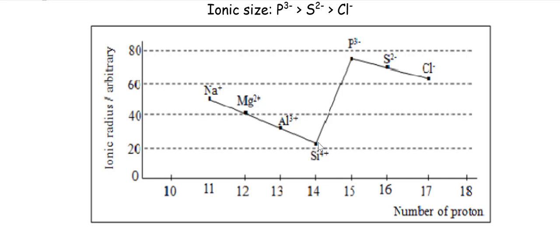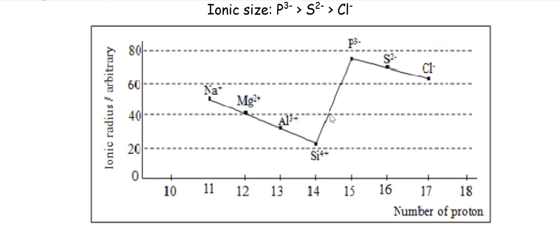But here, the size increases sharply from Si4 plus to P3 minus. This is because for P3 minus, we add 3 electrons into the 3p orbitals. That makes the principal quantum number n increase.